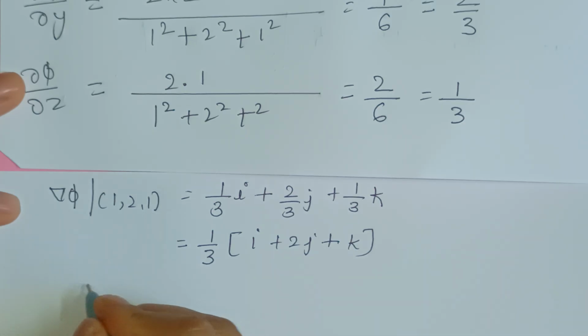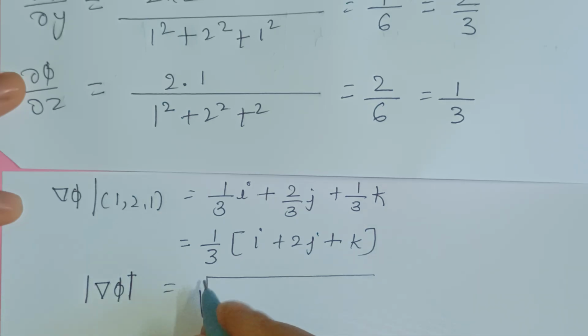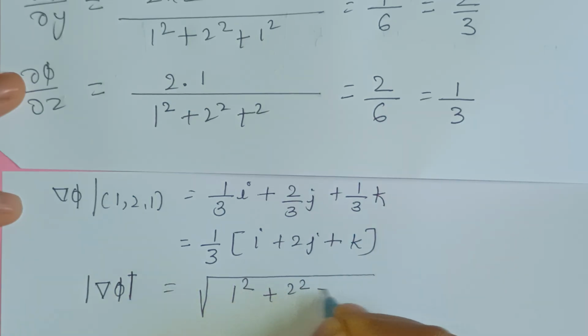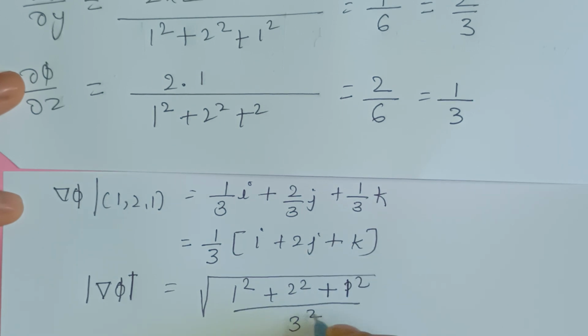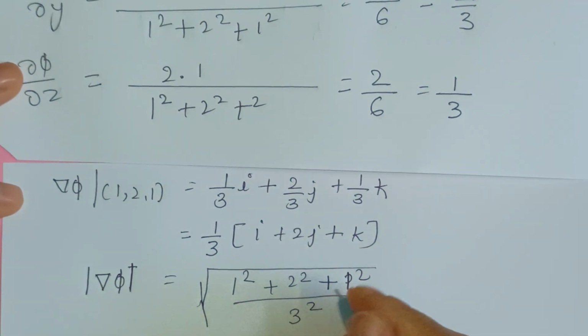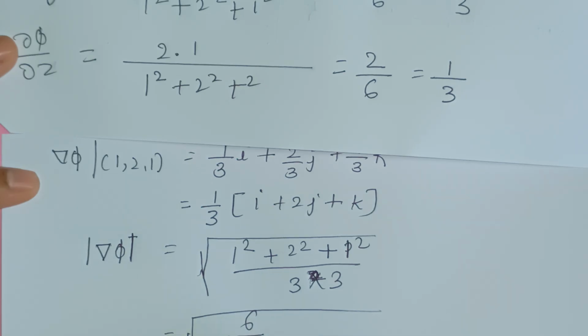Now I am going to find the mod of del phi, which is nothing but the square root of 1 square plus 2 square plus 1 square, all divided by 3 square. That is 3 square, which is going to be 9. So now I have this as 6 divided by 9.